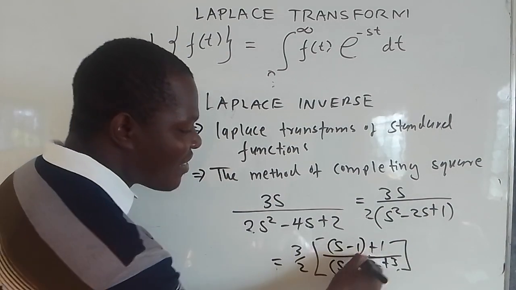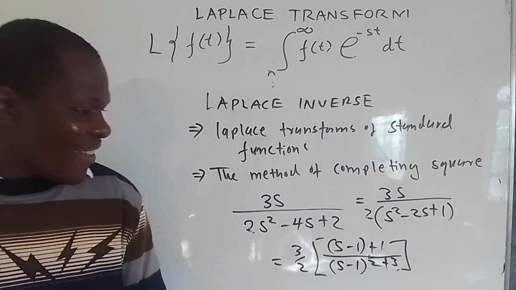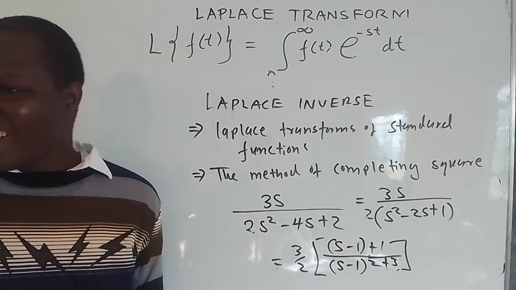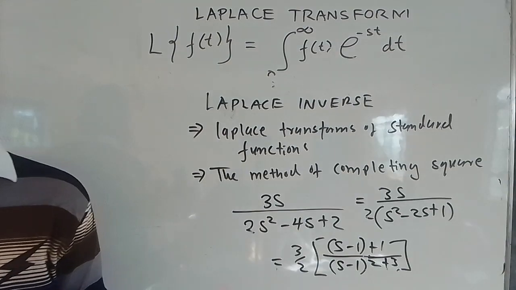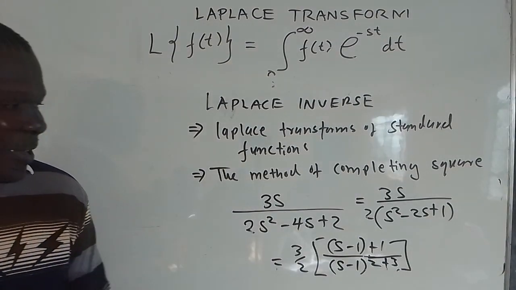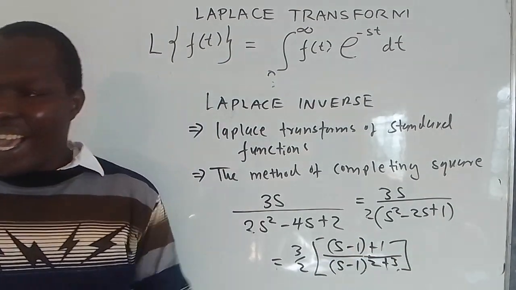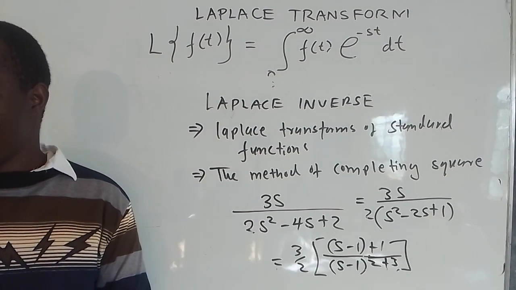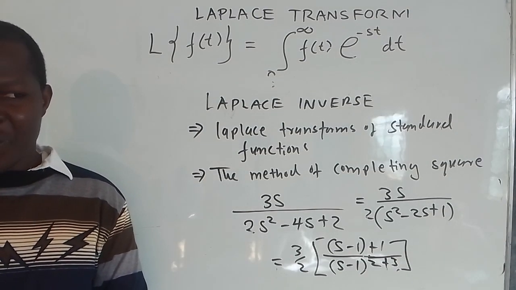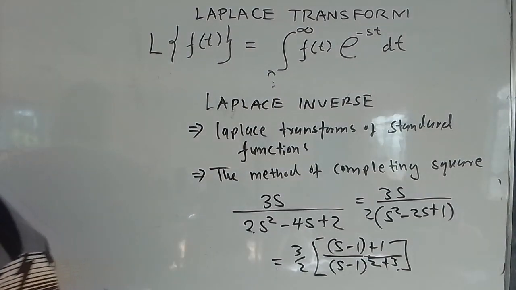So that you separate, the first part will be this over this, the second part will be this over this. So this over this will become exponential something cos, then plus the other part will become exponential something sine. Are you seeing that? Are we together?